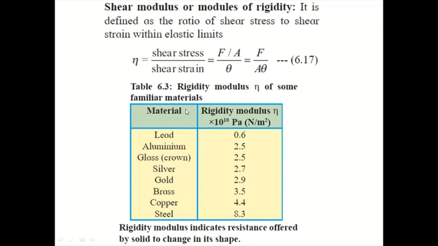Some values of rigidity modulus of some materials are given here: lead has 0.6, silver has 2.7, gold has 2.9, brass has 3.5, copper has 4.0, etc. The rigidity modulus indicates the resistance offered by a solid to change its shape.